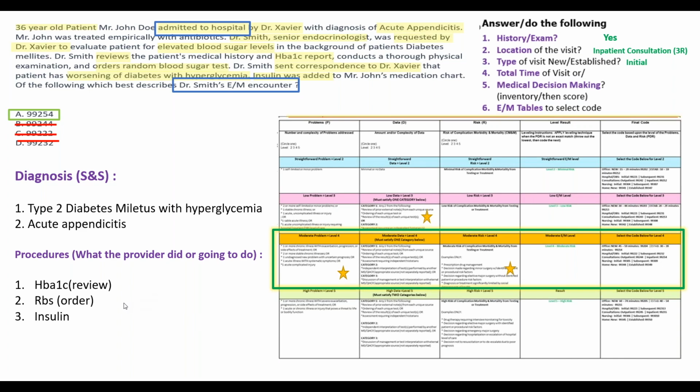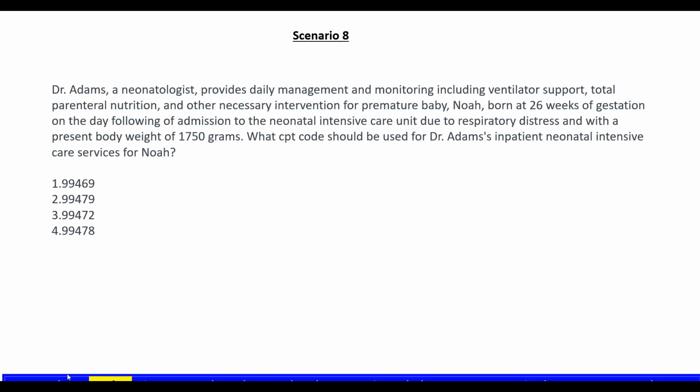So practice, practice, practice, and you will get there. I can see you all have improved from what I saw in week 1. You all have improved in confidence and you all are picking correct answers as well. So let's move on to scenario number 8. And I think it's Miss Karen who's coming up to read scenario 8 for us. Good night, coders, and we are almost there.